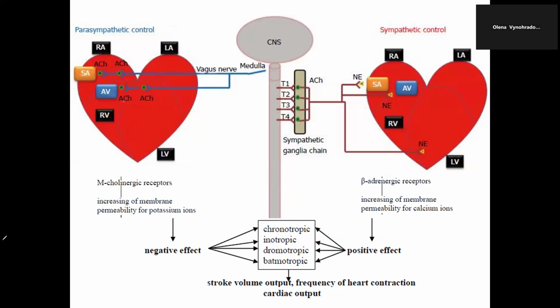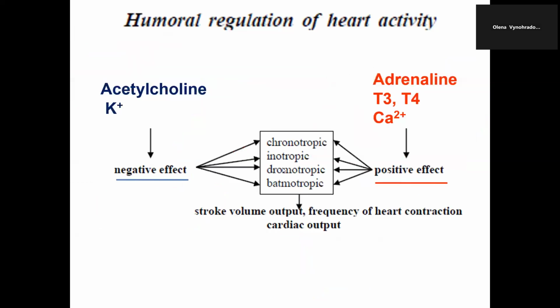Okay. If we are talking about humoral factors and humoral regulation of heart activity, as main factors we should mention acetylcholine and potassium. They have a negative chronotropic, inotropic, dromotropic, and bathmotropic effect.